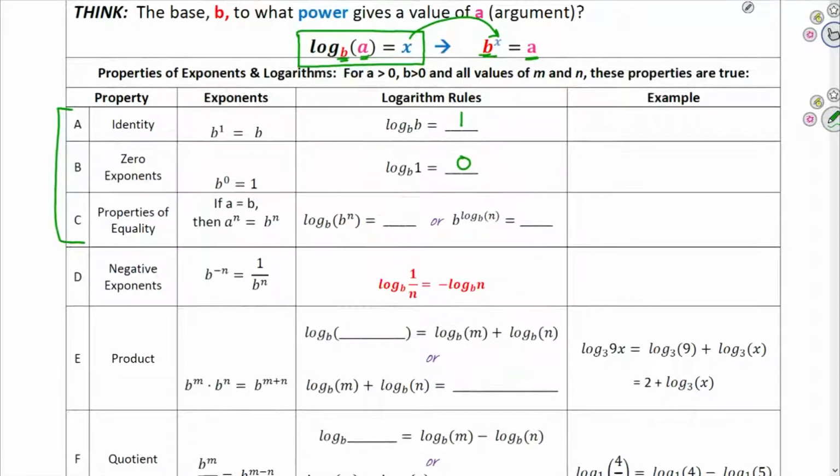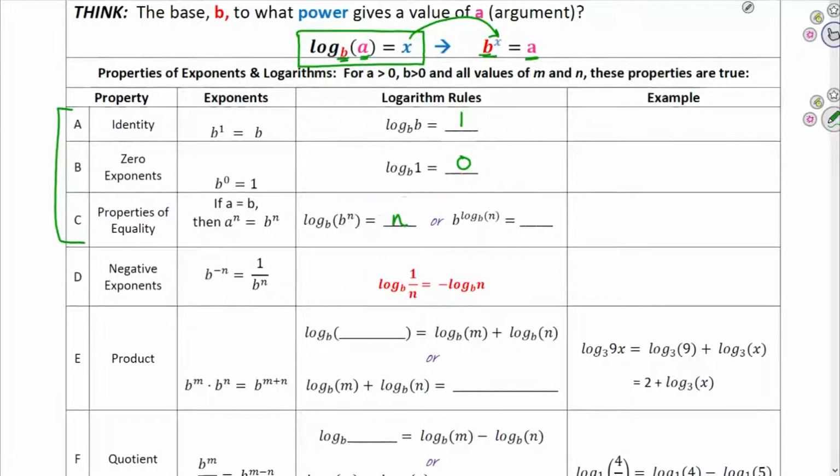Next, if a is equal to b, then you can raise both to the same power. A to the n equals b to the n. What that means as a logarithm rule is that log base b of b to the n is equal to n, because you're asking yourself, b to what power is b to the n? And that's the nth power.